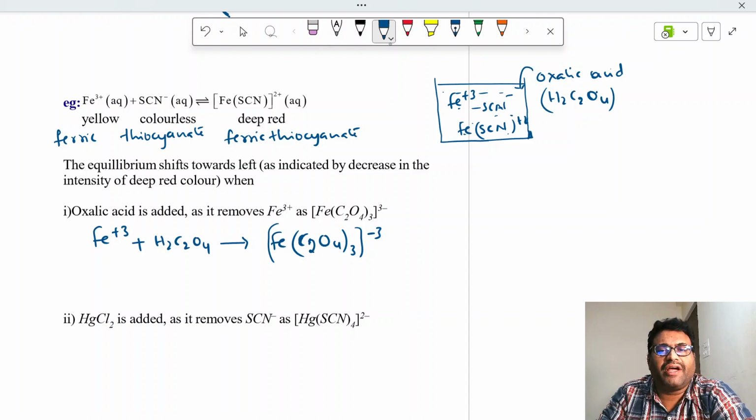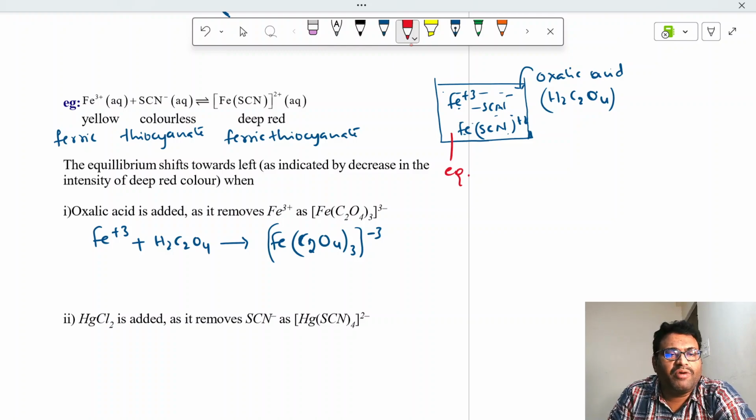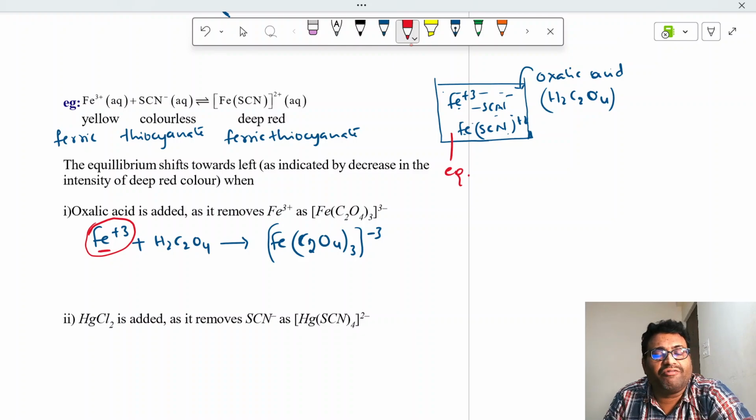Okay, so when you add oxalic acid, this reaction is already at equilibrium. For a reaction at equilibrium, if you add oxalic acid, what has happened? Some Fe+3 is decreased. Why? Because the oxalic acid you are adding reacts with Fe+3 and converts it into a product.